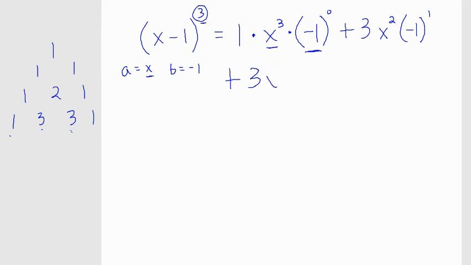We've got x, and then this term with one less power, and then this term with one more power, so negative 1 squared, plus this term, which is just 1, times x, this term with one less power, so 0, times this term with one more power, negative 1 cubed.